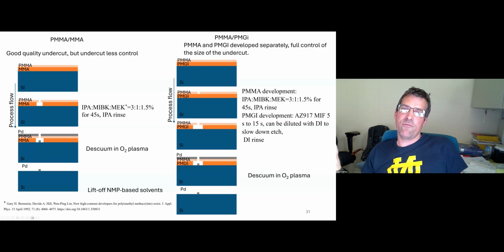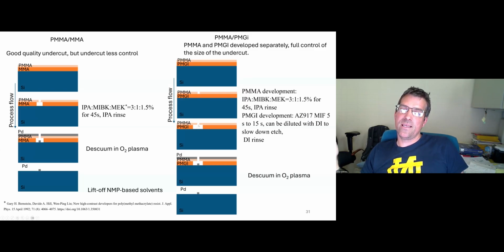The other approach is to use PMMA and PMGI. PMGI is not provided by the lab, same as for MMA and PMMA. You need to buy your own, but the good thing about that one is that you can develop your PMMA and PMGI layers separately. The PMGI layer developing is actually an etching, not really a developing.